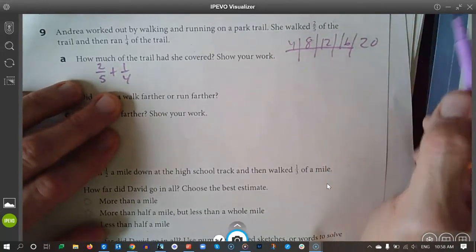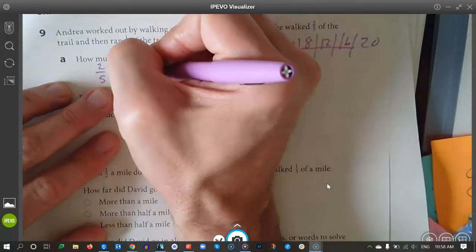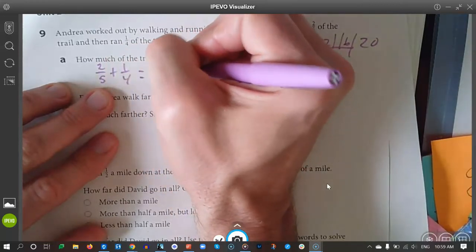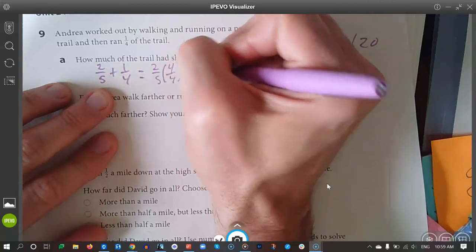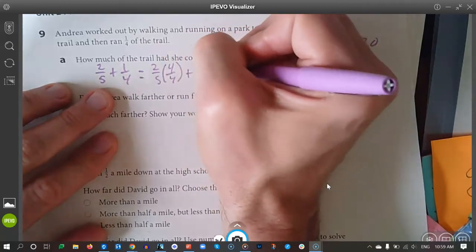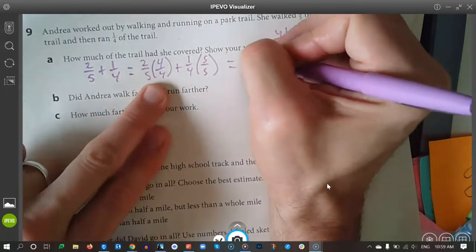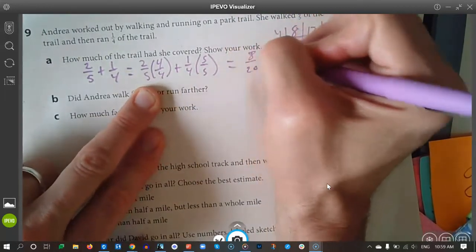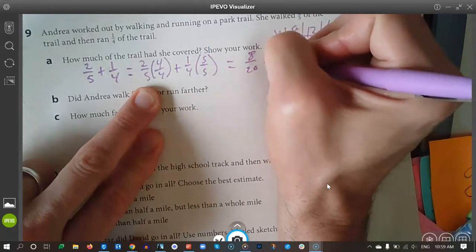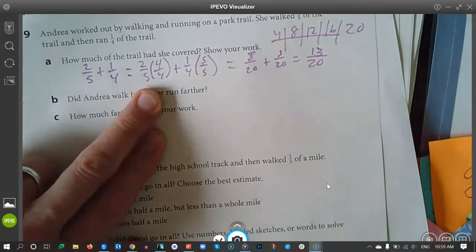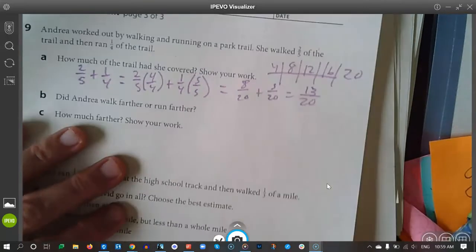Because that's 5, 10, 15, 20. Okay. So we have 2/5 times 4/4 plus 1/4 times 5/5. And that's going to be 8/20 plus 5/20, which is going to equal 13/20 of the trail.